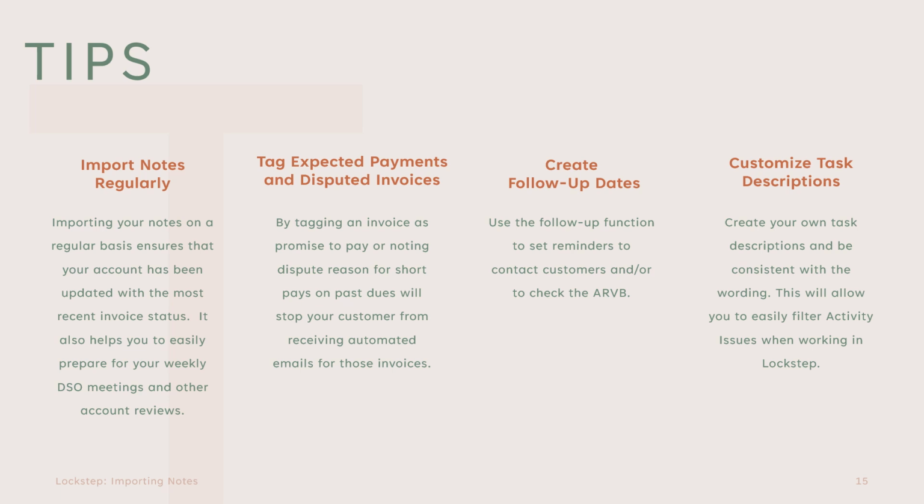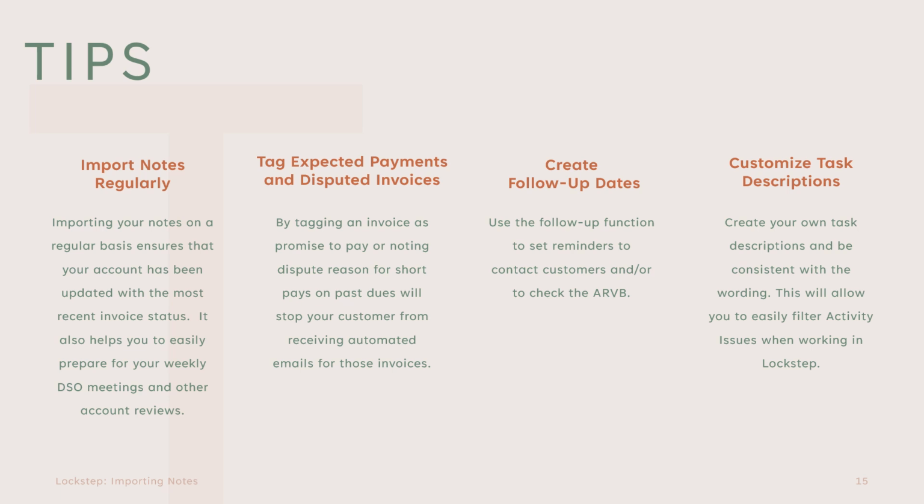Here are a few tips to make note management in Lockstep easier. Importing your notes on a regular basis ensures that your account has been updated with the most recent invoice status. It also helps you to easily prepare for your weekly DSO meetings and other account reviews. Be sure that you're tagging expected payment and disputed invoices.